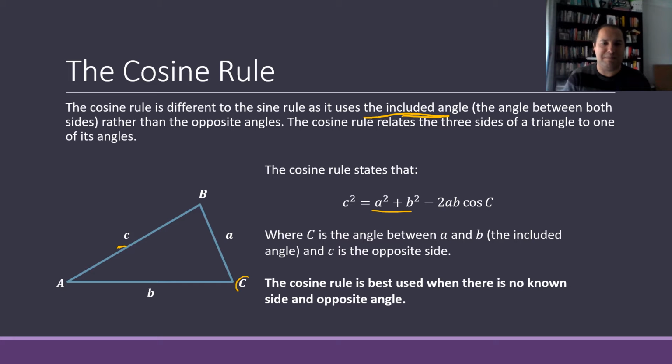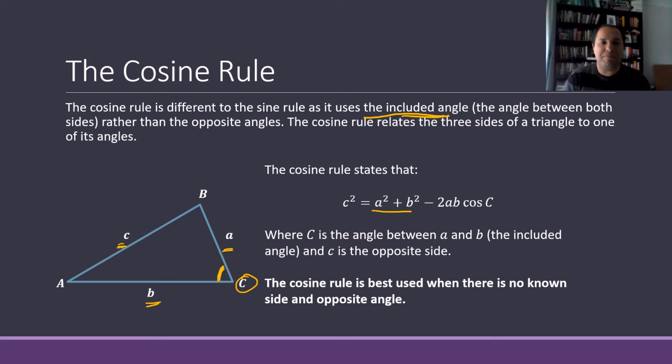Right, so big C is opposite little c, so it's the angle opposite that we're finding the cos value of. This angle here, C, we know, and we also know A and B. That C angle is in between our known A and B values, and that known angle C is opposite the unknown side that we want to find.